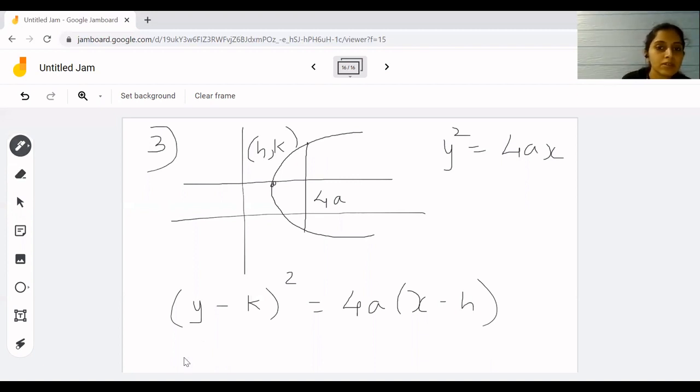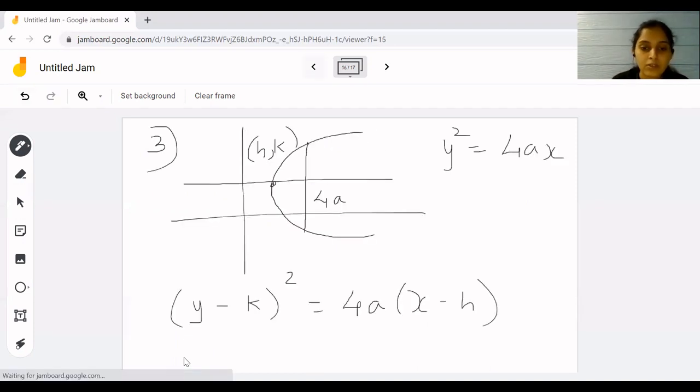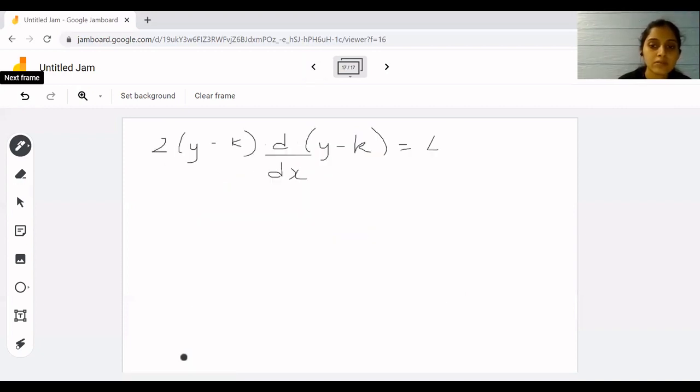We get 2 times (y minus k) into d by dx of (y minus k) equal to 4a, and the derivative of (x minus h) is 1 minus 0.